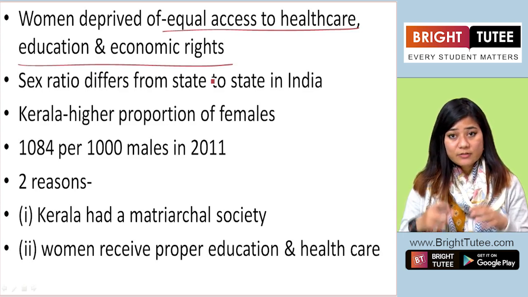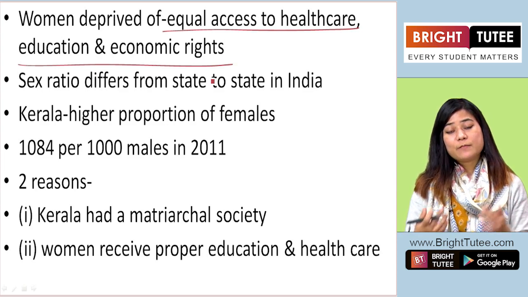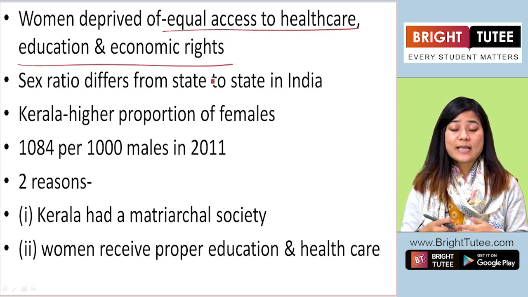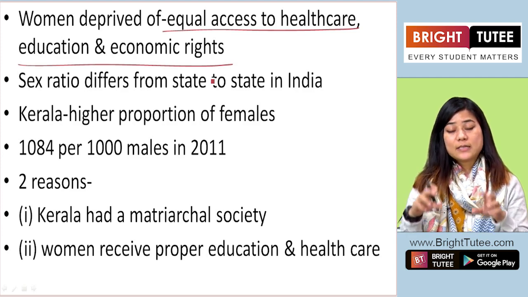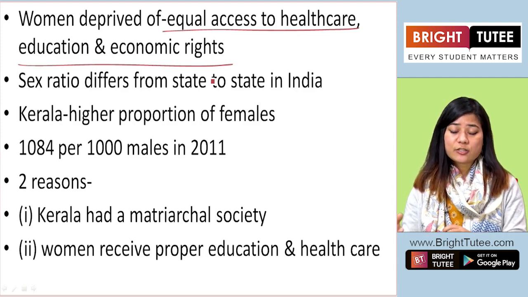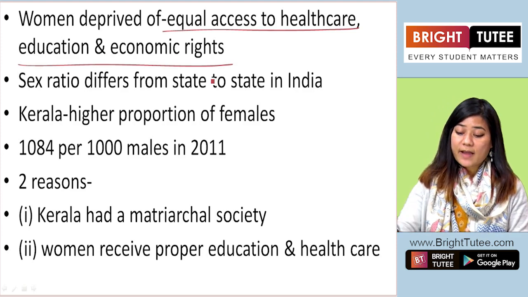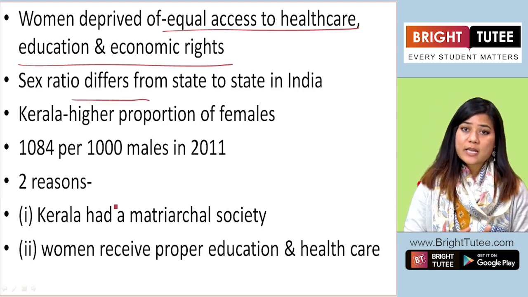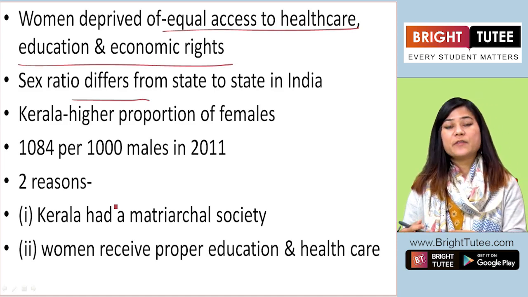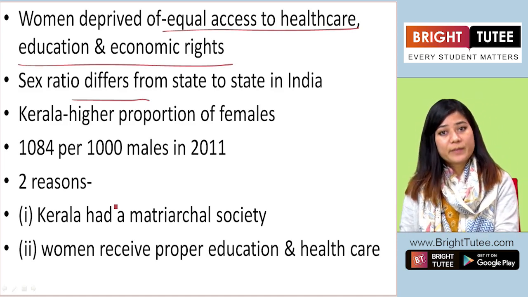Now this sex ratio that we have been discussing up until now is the sex ratio of India. But when we look at state-wise sex ratio, there also we find differences between the states. So the sex ratio of Kerala will be different from the sex ratio of Bihar.